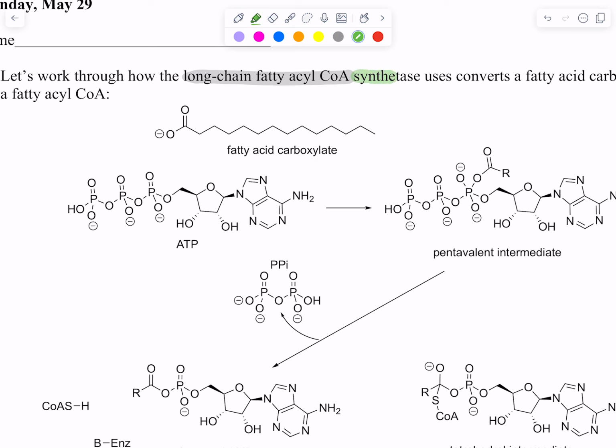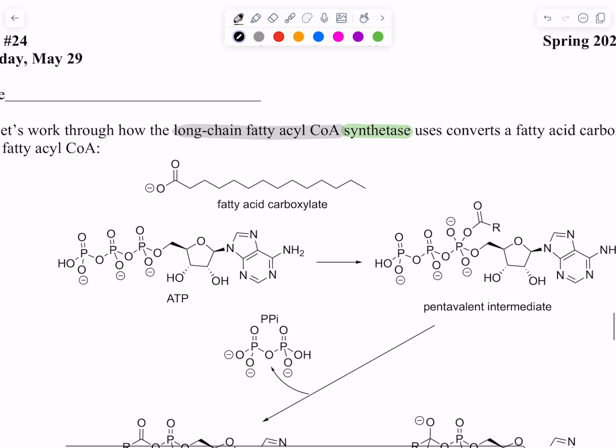A synthetase is an enzyme that synthesizes something but requires ATP.